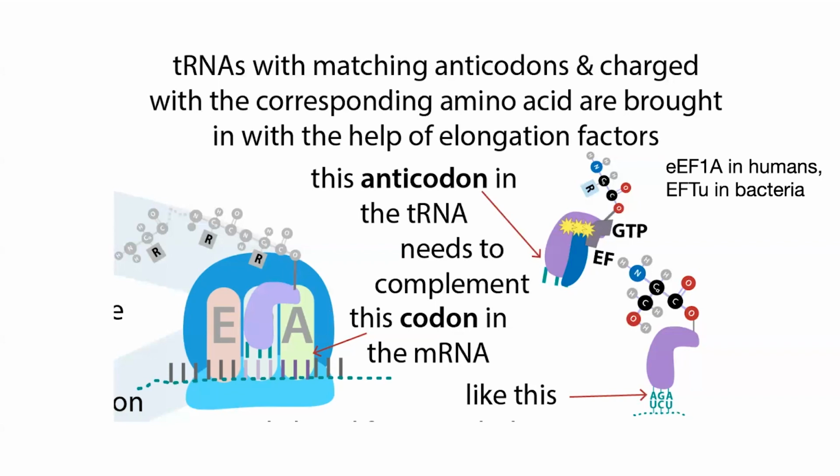But the tRNA doesn't come alone. It comes with the help of an elongation factor, which is going to help make sure that it's actually the right one. It's not just sticking in there accidentally. And so these elongation factors, in the case of bacteria, it's EF-Tu. In the case of humans, it's eEF1A. So e for eukaryotic elongation factor.